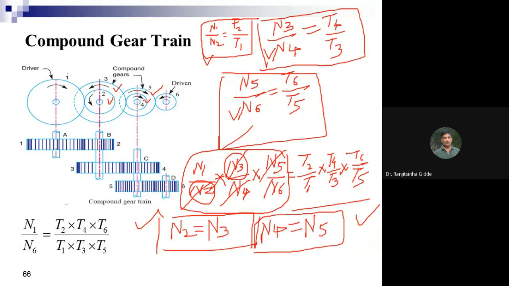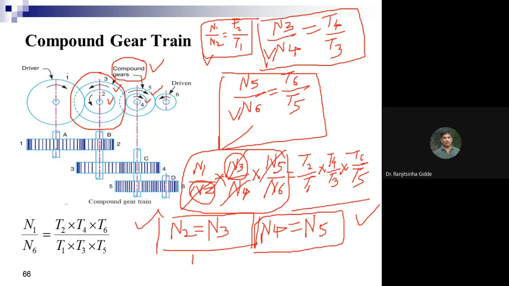Therefore, the speed of gear number 4 and 5 will be the same. And as the speed is the same and as those gears are mounted on the same shaft, we are going to call them compound gears, right? So what is remaining from this left hand side?